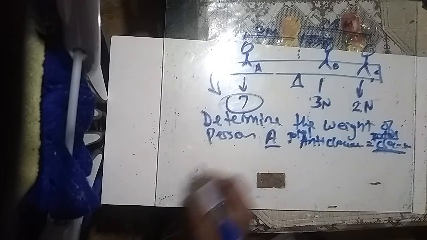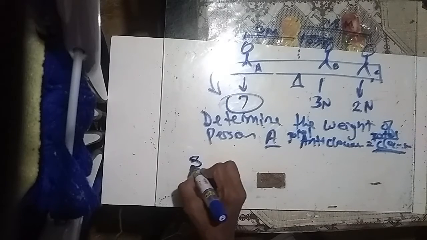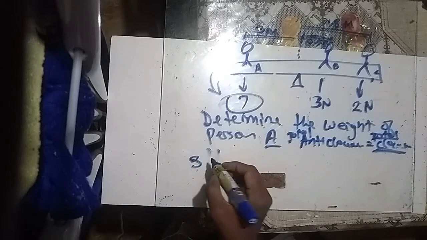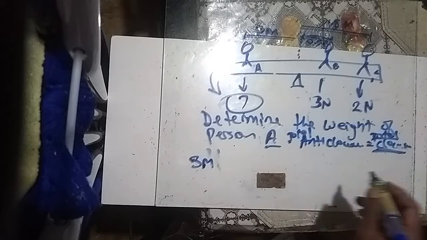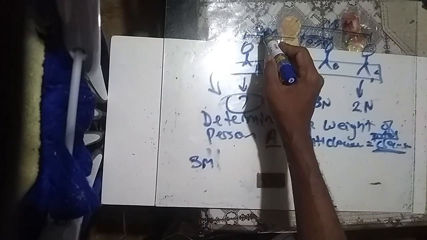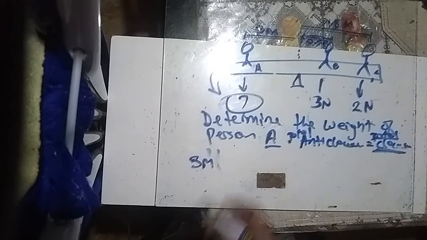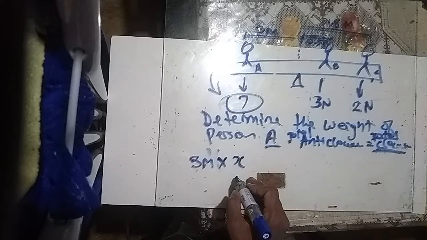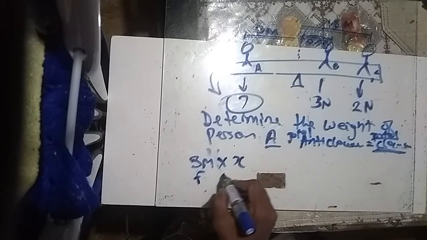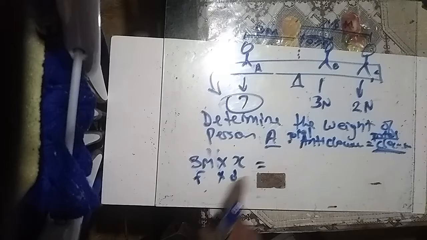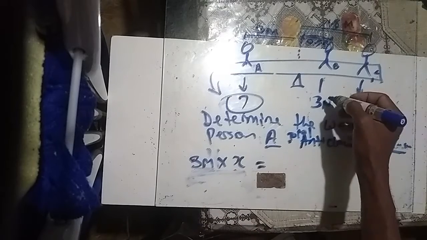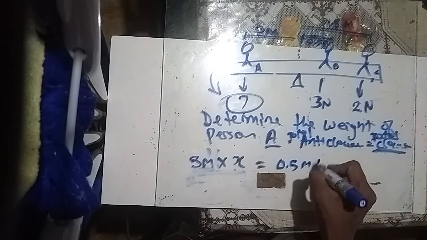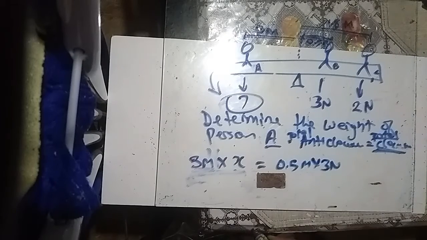Alright, so that is now 3 times, or 3 meter, put in units, 3 meter, which is the distance at which person A is acting from the pivot, right? 3 meter, and I'm going to make the weight, the unknown, x. So force times distance, F times d, is equal to the anticlockwise moments of person B, which is 0.5 meter times 3 Newton, right?